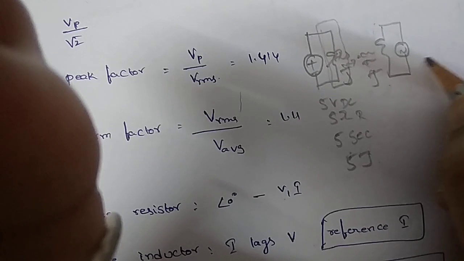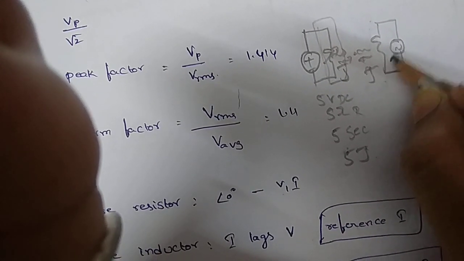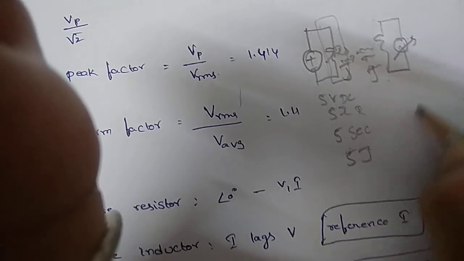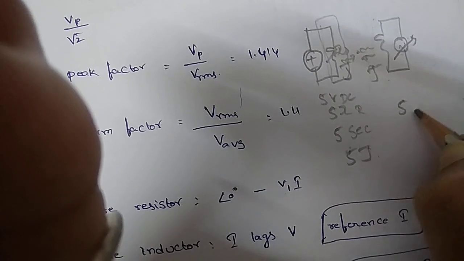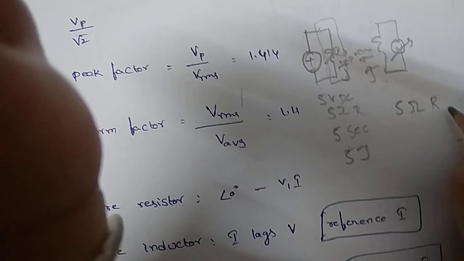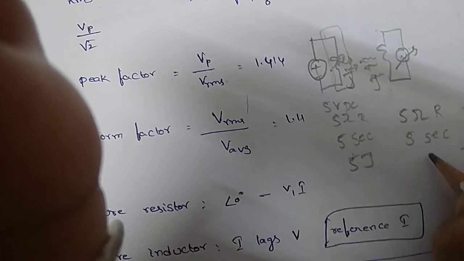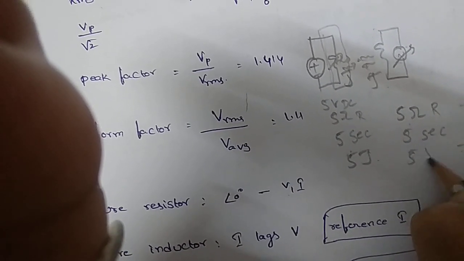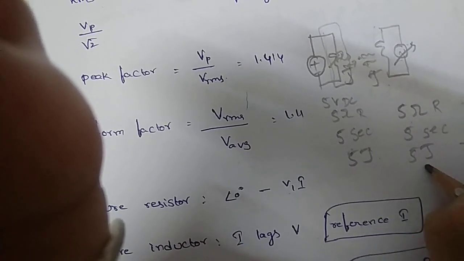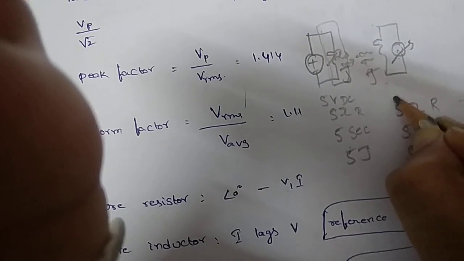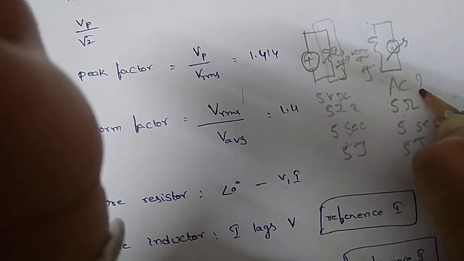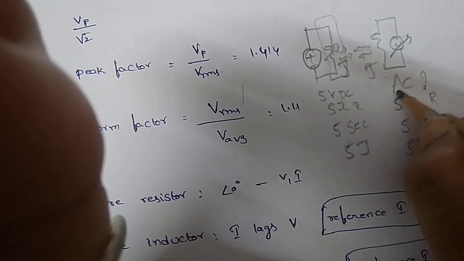For the same thing, here I didn't mention what the AC value is. Across this same 5 ohms of resistor, again 5 seconds, to dissipate 5 joules of energy, how much AC voltage is required?